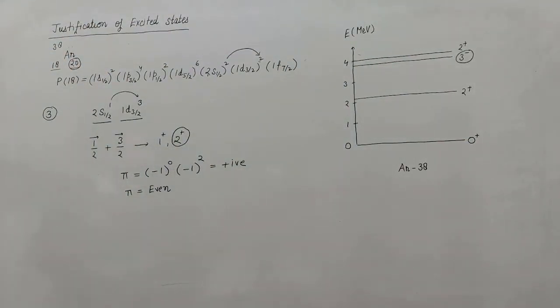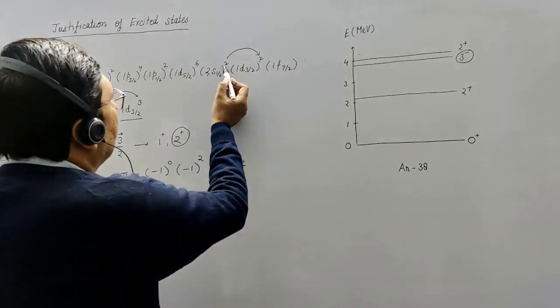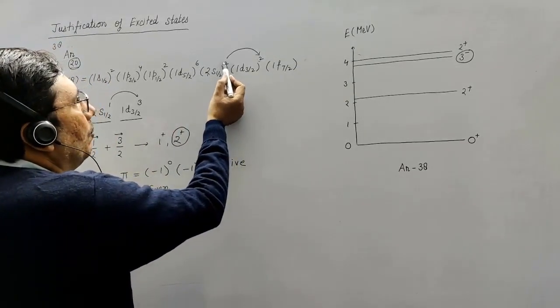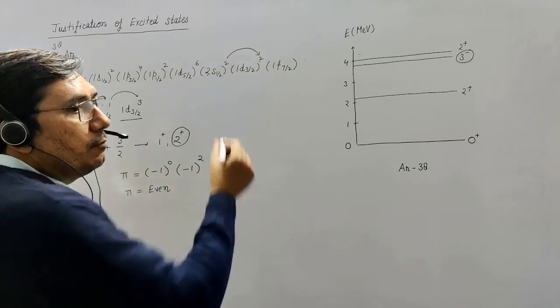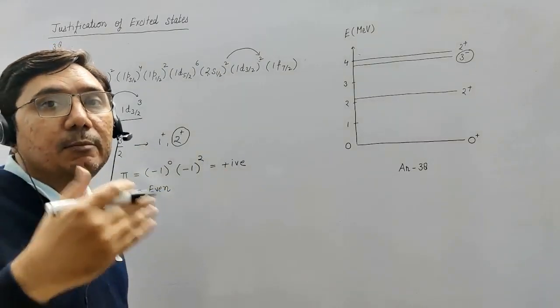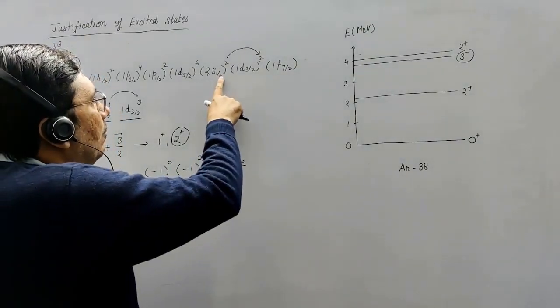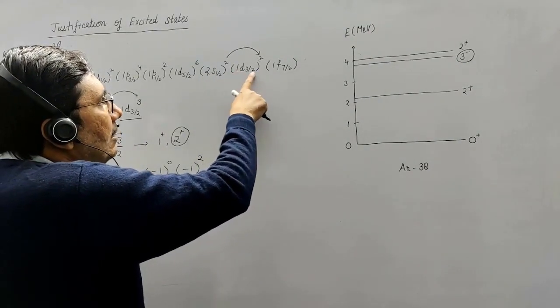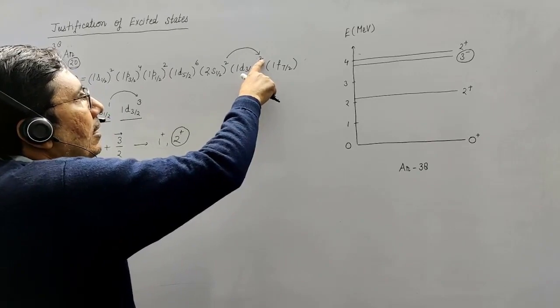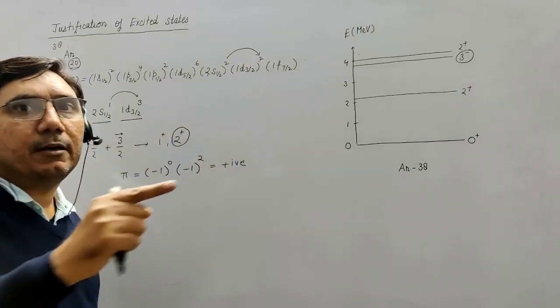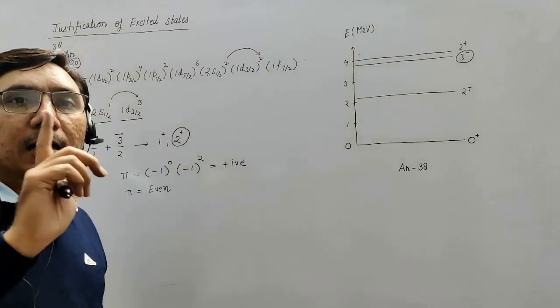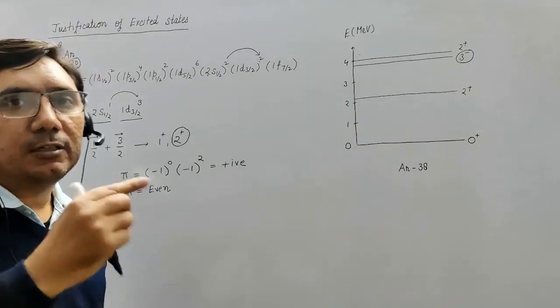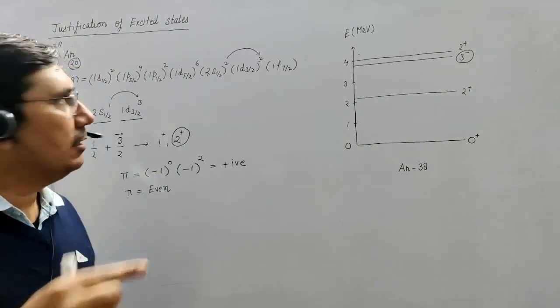Here you have to consider one thing. We have broken a pair of protons, so for this we need roughly 2 MeV energy, and then it has to jump from 2s1/2 to 1d3/2. In 1d3/2 all the protons are already paired up. You are creating an unpaired one, so you need more energy.